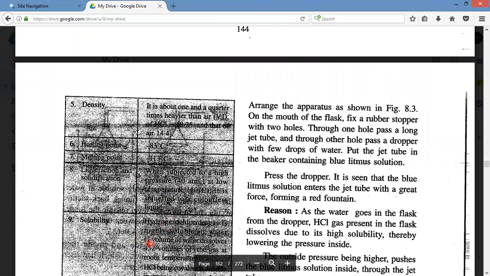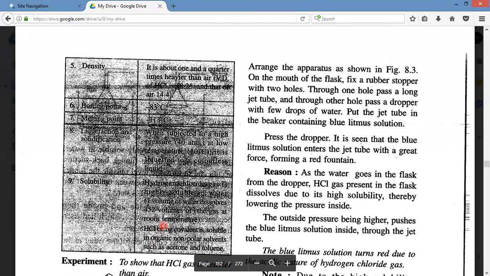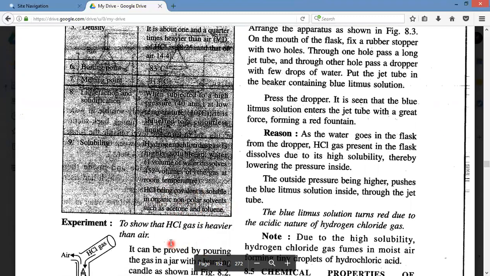Solubility: it is highly soluble in polar compounds, and because of the covalent bond, it is also soluble in organic non-polar solvents such as acetone and toluene. Next one is how to prove that HCl gas is heavier than air, as we have discussed in the physical properties.